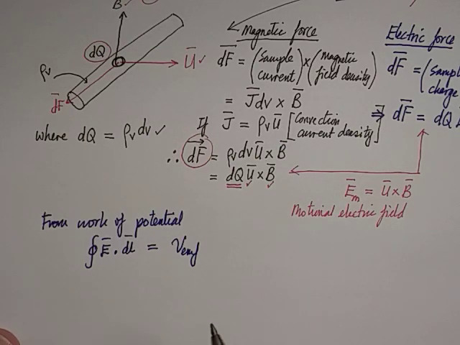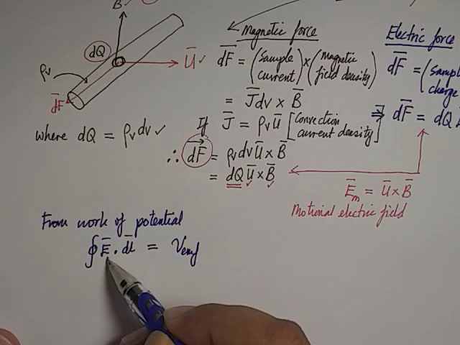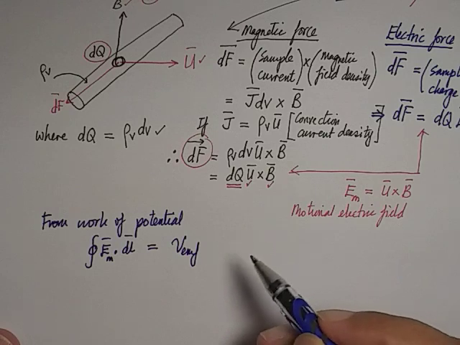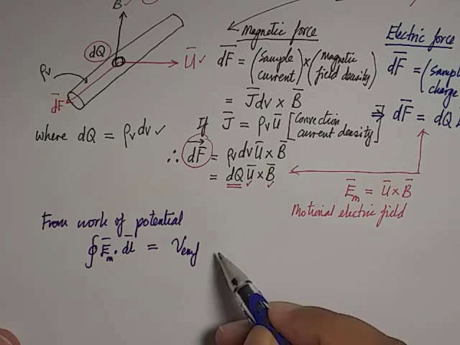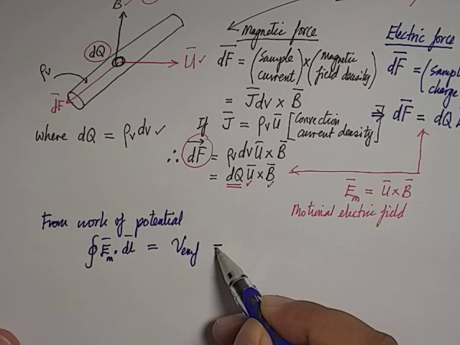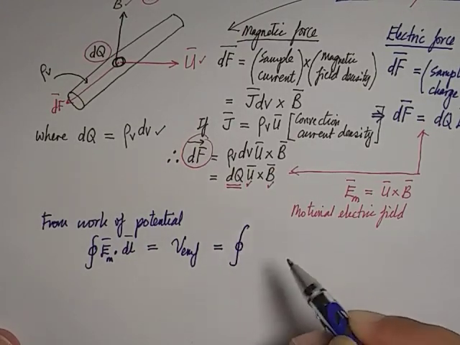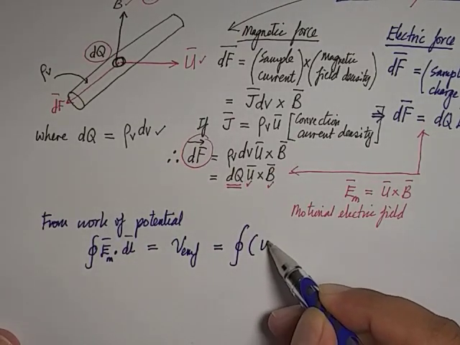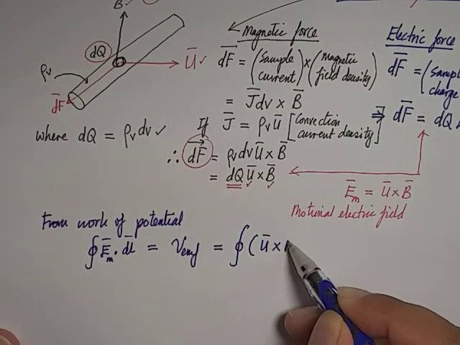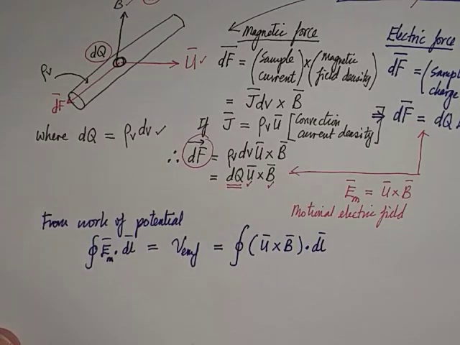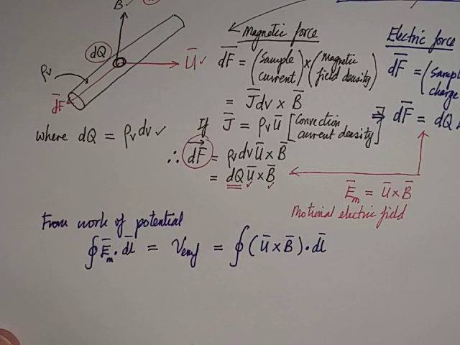Okay, if I now substitute E with the motional E, in terms of mathematics this V EMF can also be equated to the integral of U cross B dot dl. So this is an alternative equation that we can use to determine motional EMF.